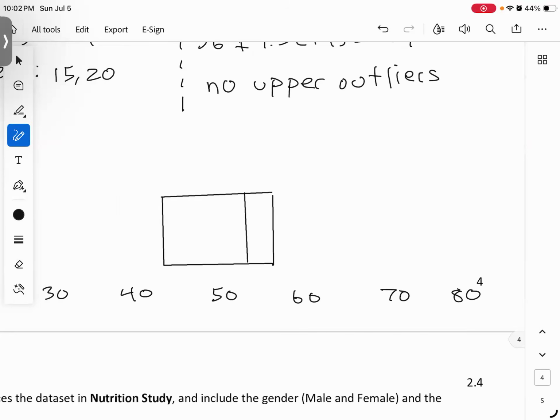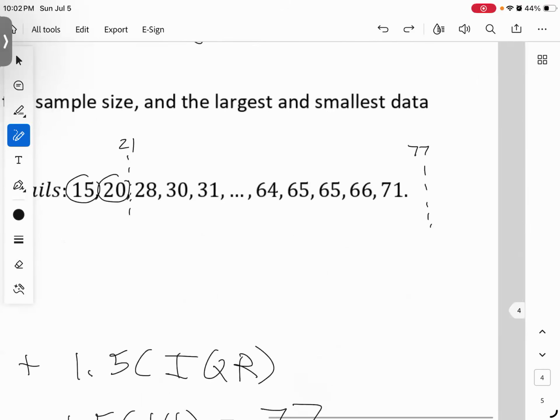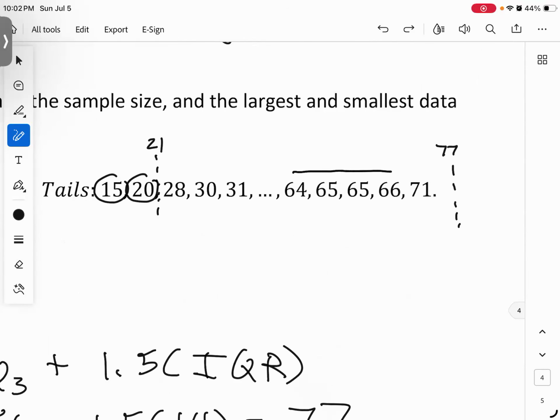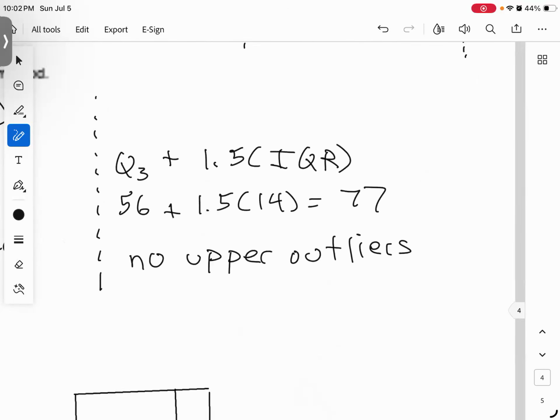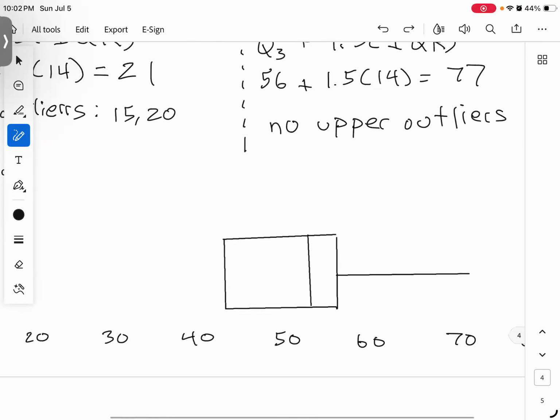And then I want to do the whisker that comes out to the side here. Those are usually a bit more straightforward. It's going to stop at 71. Boom. And you don't have to put a little dot at the very end. That would signify that there is a data value that went up to that point, but that's just the end of the road there.